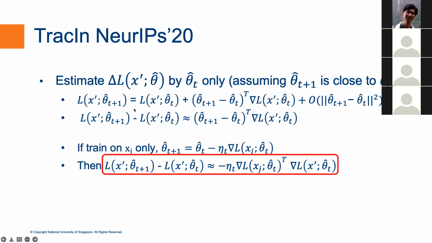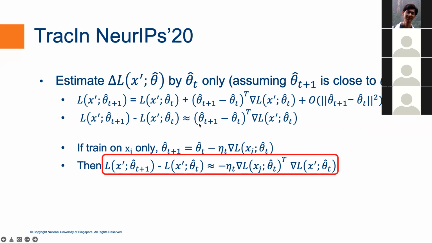Then we can do a first order Taylor expansion for the testing loss from theta t. And we omit the second order and higher order terms. Then we move the testing loss for theta t to the left-hand side, and we get this estimation.